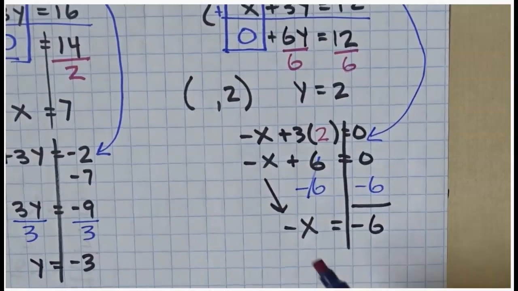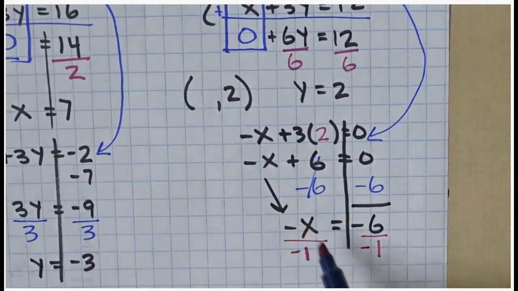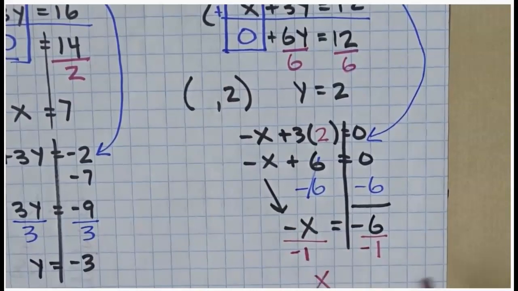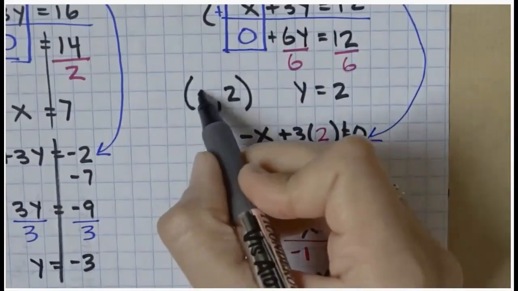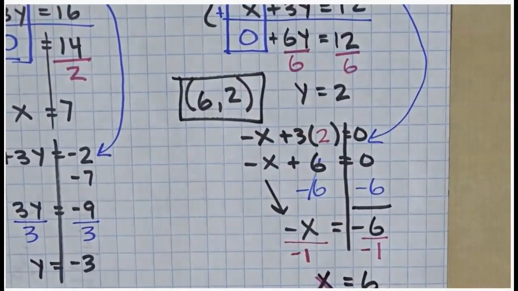So what I got to do is, I know this is an invisible negative 1 being multiplied. So I'm going to divide by negative 1 in the inverse operation. Negative divided by negative is positive x. And negative divided by negative is positive 6. And so that's my solution. 6, 2.